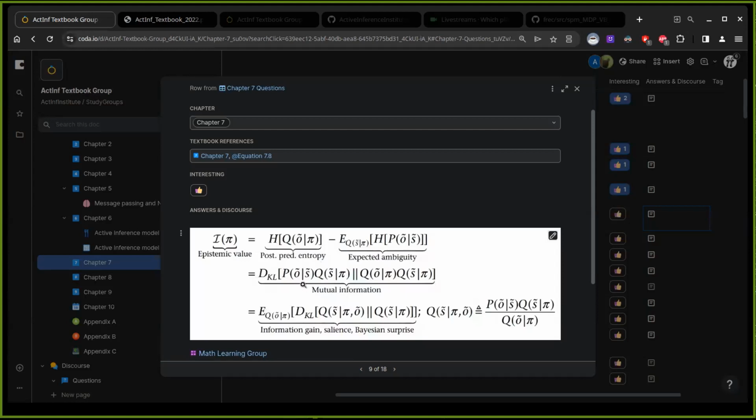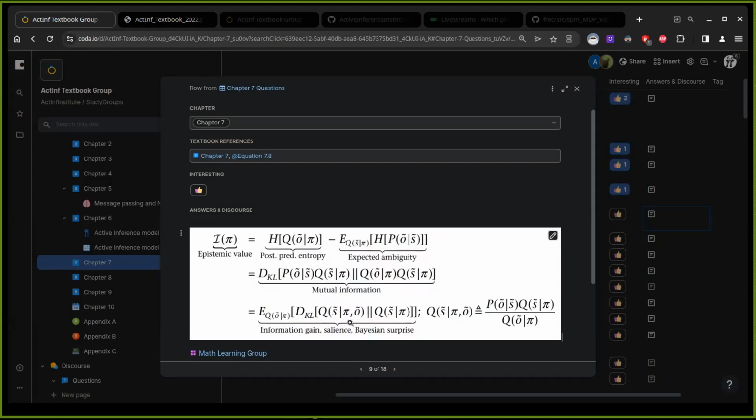So the mutual information would be low. Whereas if knowing the hidden states were to provide information, then P of O conditioned on S would differ from Q of O. I'm not 100% confident on any of these readings. I'm just saying them.